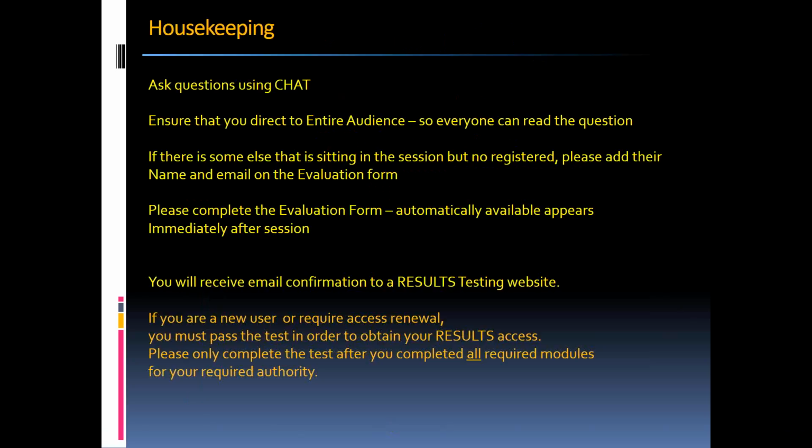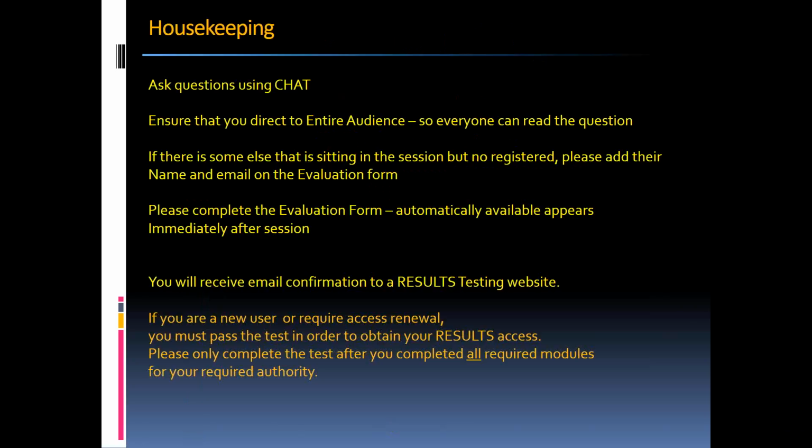If you are new to Results and you haven't had access yet, we are requiring users to be familiar with Results, so they have to complete a test. A website link is sent to you 24 hours after completion of the course. There are two types of tests, and you choose one depending on whether you're a submitter or an approver. To complete the test successfully, it covers 6 modules of materials.